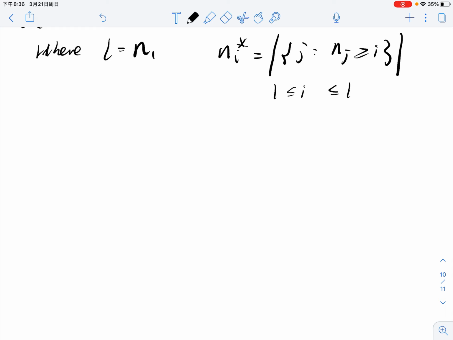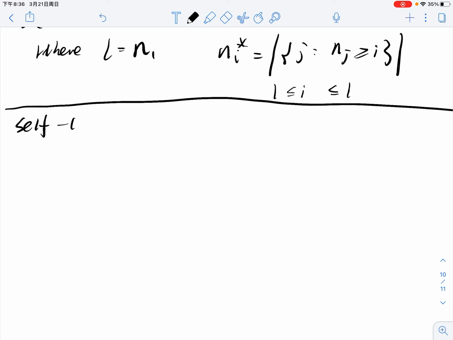And then you do have some special examples that they call self-conjugate partitions. That is the case when lambda is lambda star.